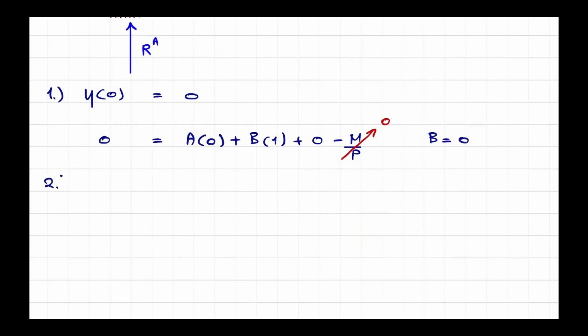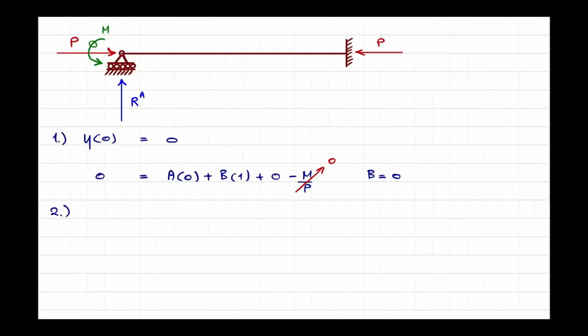Number 2, the zero moment: the second derivative of y with respect to x evaluated at x equals 0 has to be 0. Moment is equal to 0.